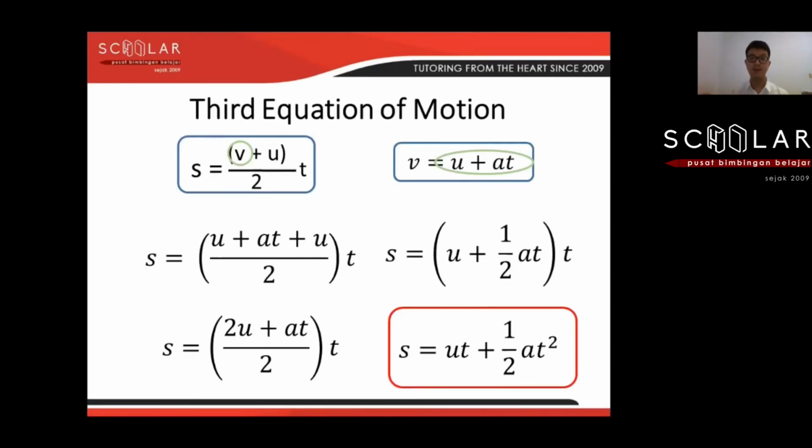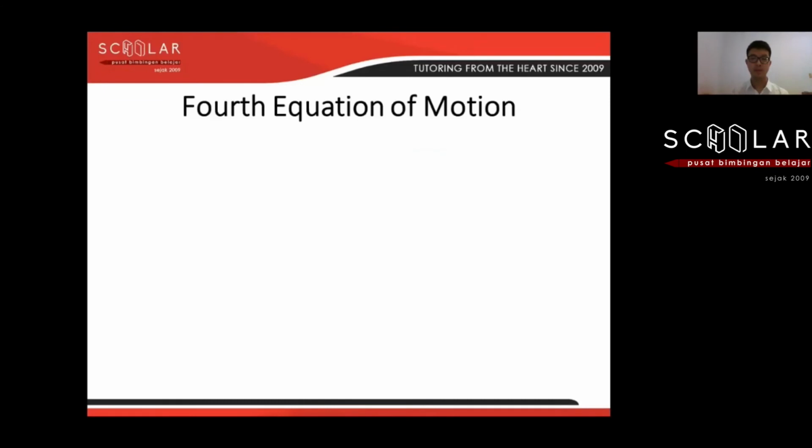Let's go to the fourth one. So the fourth equation of motion is derived from the first equation, v equal to u plus at. And then we can take the square of both sides. So we will get this expression. And expanding the right hand side, we will have v squared equal to u squared plus 2uat plus a squared t squared.